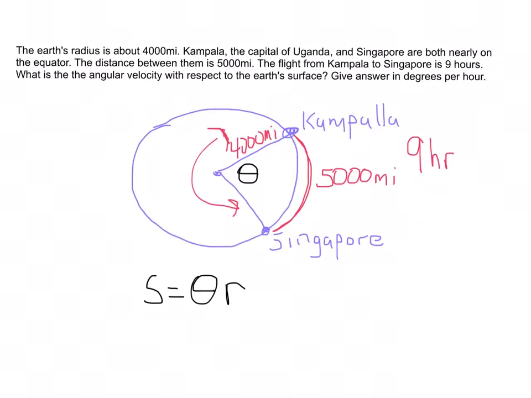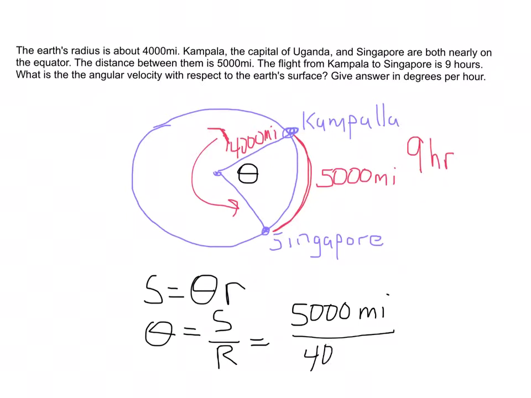So theta is equal to S over R, which gives us the S is 5,000 miles and the R is 4,000 miles. Notice how the miles just cancel out and we're left with 1.25 radians.